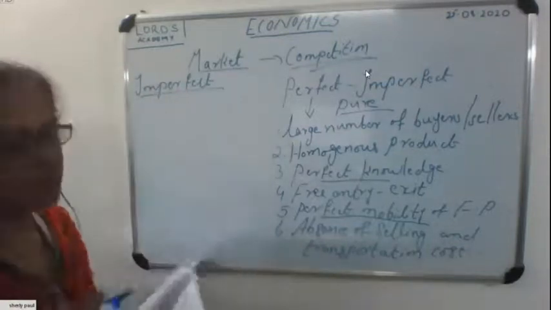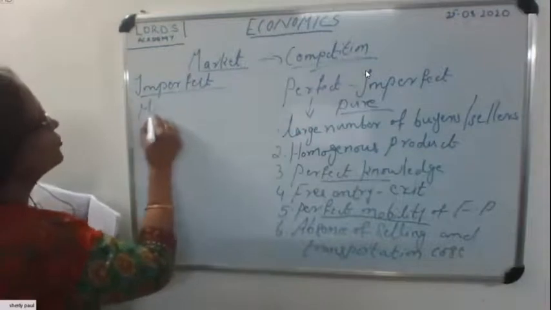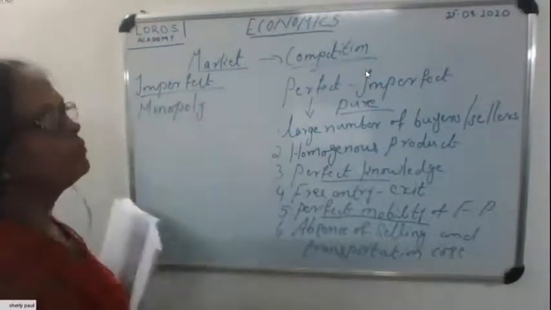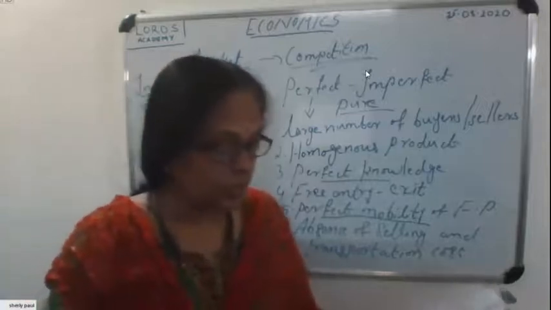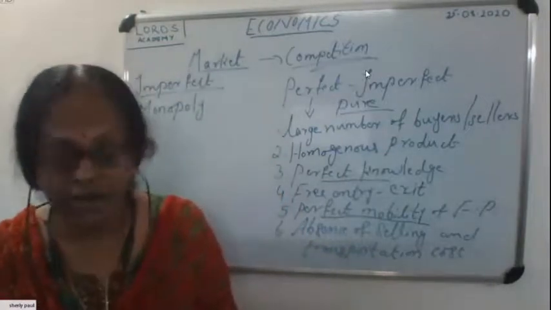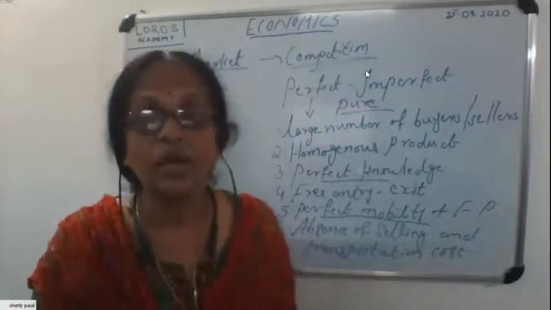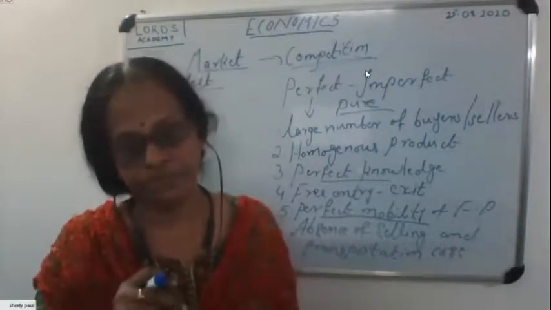Three are there. First, we will study monopoly. Monopoly means the market structure which is characterized by a single producer.